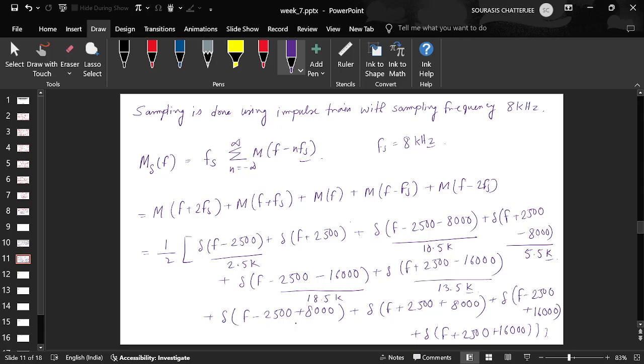Similarly, this one corresponds to minus 5.5k, and this one to minus 10.5k. So these are basically counterparts of their positive domain. And similarly here, this is minus 13.5 and this one is minus 18.5. I'm not writing them.